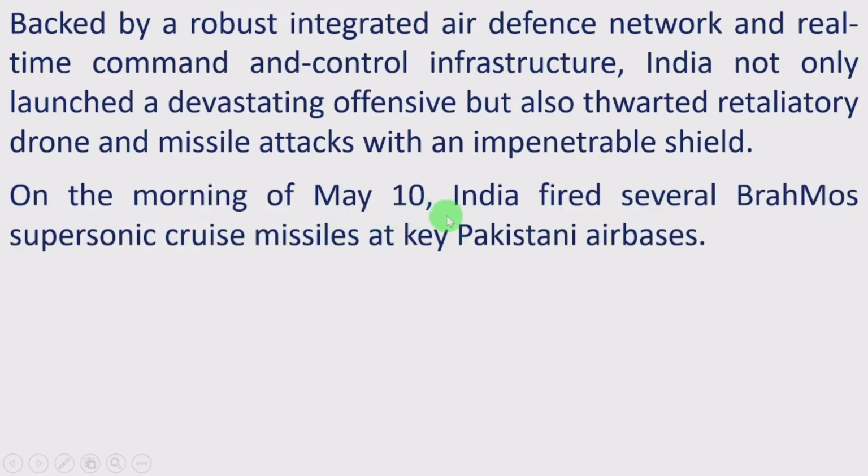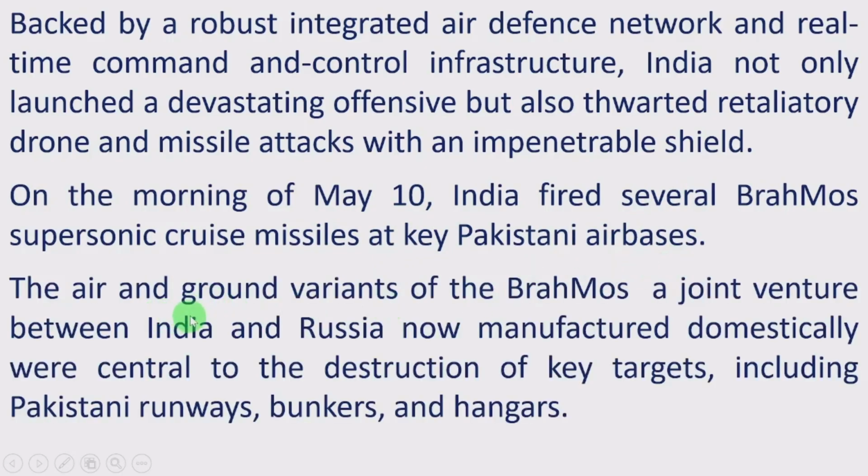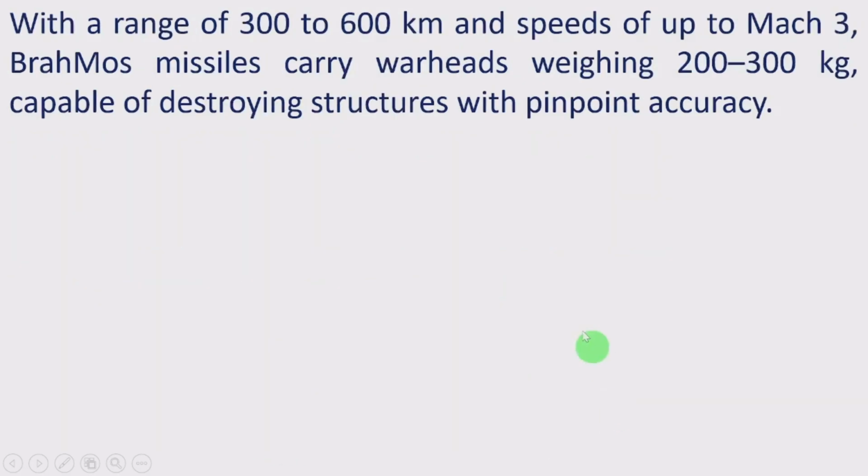On the morning of May 10th, India fired several BrahMos supersonic cruise missiles at key Pakistan air bases. The air and ground variants of the BrahMos, a joint venture between India and Russia, now manufactured domestically, were central to the destruction of key targets, including Pakistani runways, bunkers, and hangars.